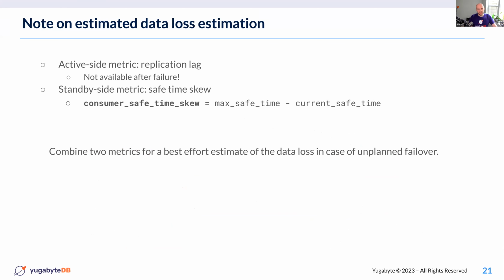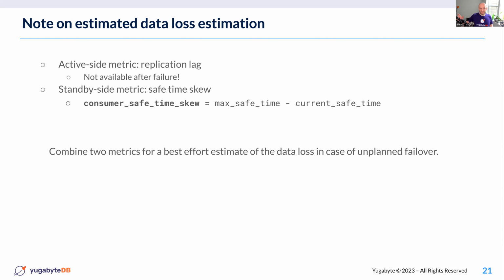Also, a quick note on estimated data loss. It's about estimating the potential data loss that you might have in case of unplanned failover. There are two components to that, right? First of all, there is the replication lag. When there is a failure on the active, there is some data that was still in the queue and was not replicated.